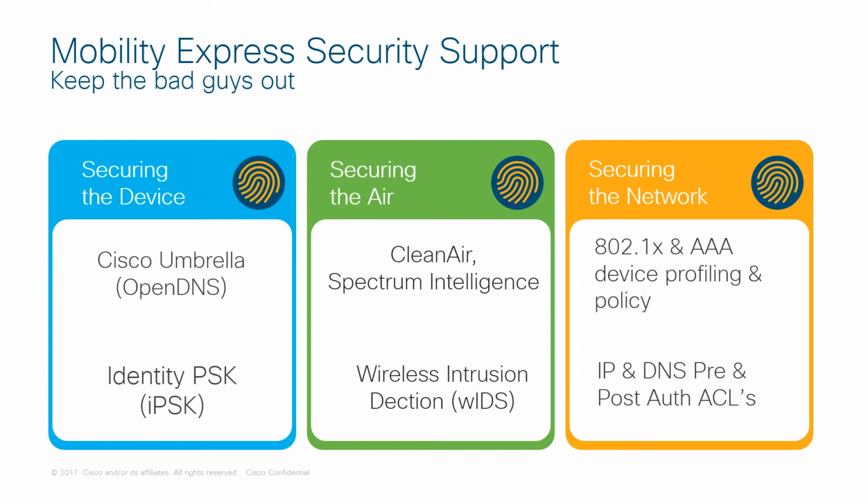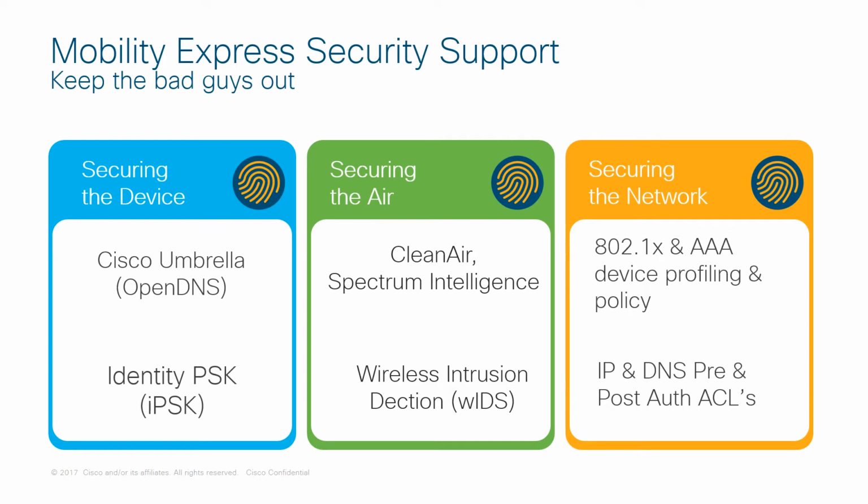Cisco CleanAir Spectrum Intelligence, which is available with AirOS 8.6 on 1K APs, and Wireless Intrusion Detection System combine together to detect rogue APs and clients and other interference sources. The system is smart enough to self-heal and self-optimize the air by changing the channels within seconds, ensuring the air is always clean and performance is optimized with minimal disruption.